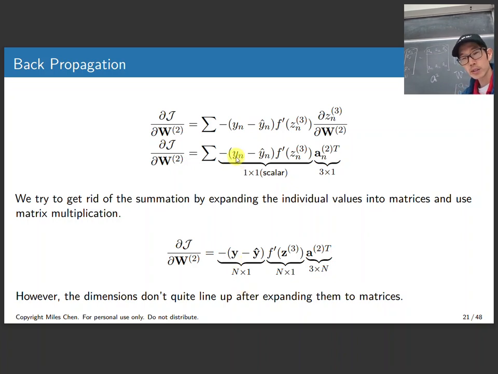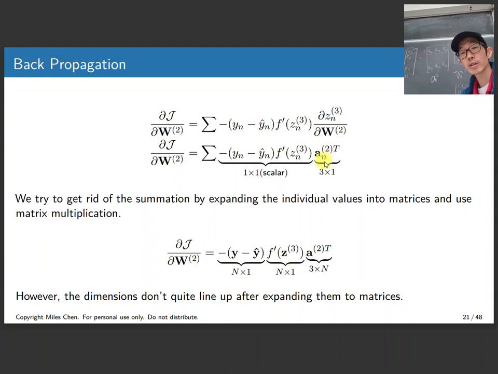Well, y sub n, which is just one value in y, if we look at all of y, now we have a column that's n by 1. Same thing with the y hats: we have a column of y hats that's n by 1. We look at what z3 is. Rather than just one scalar value here, we're going to get a column of z values, which is n by 1.